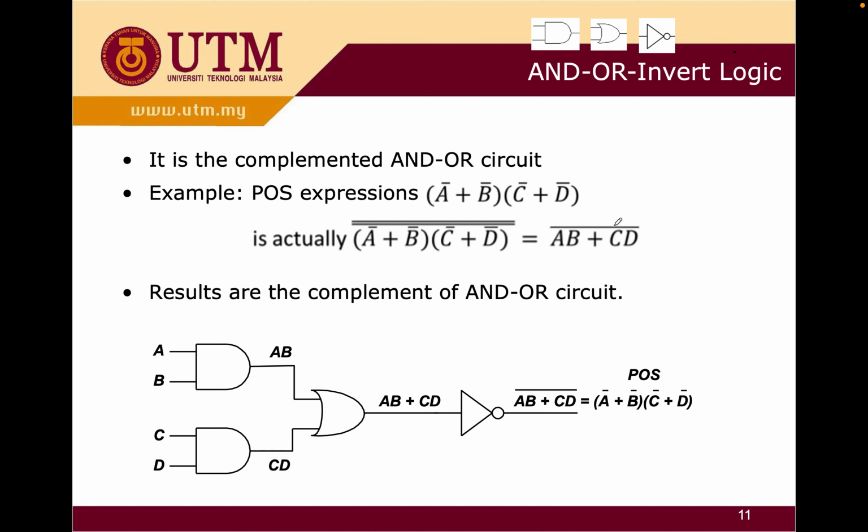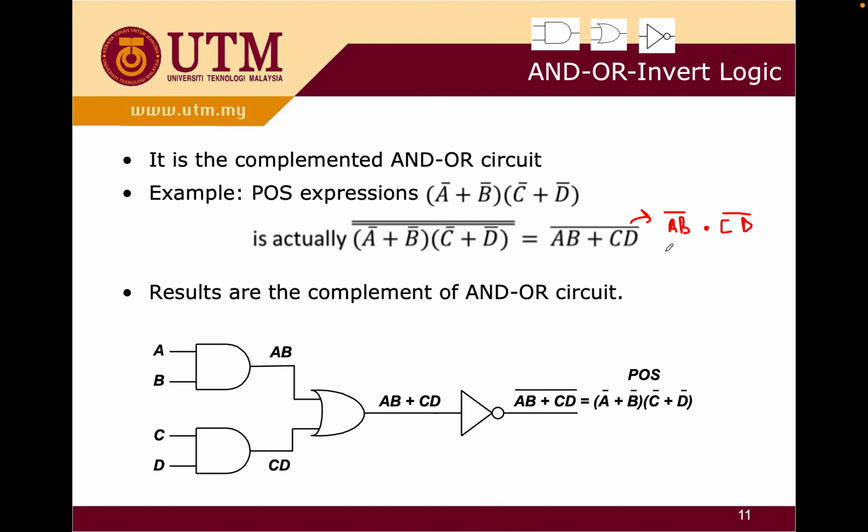So this is basically what happened. But in terms of when you use the De Morgan theorem, you're going to get A B dot C D, what? Bar, isn't it? This is by using your De Morgan theorem.